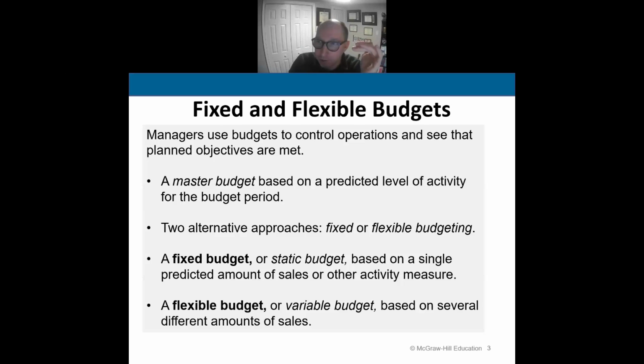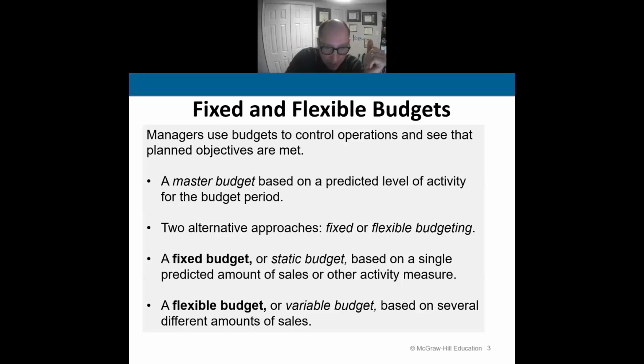I'll give you a range. 80,000 units is usually a slow month. 100,000 units, that's a busy month. We call that a low and a high. And usually there's a medium in between. Low, medium, high. Those are my levels of sales.